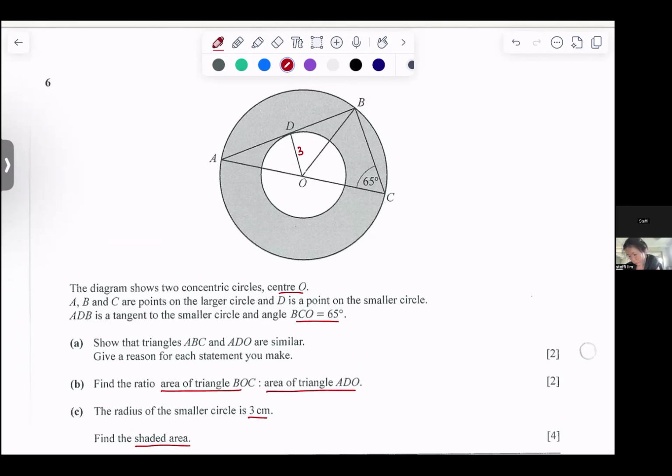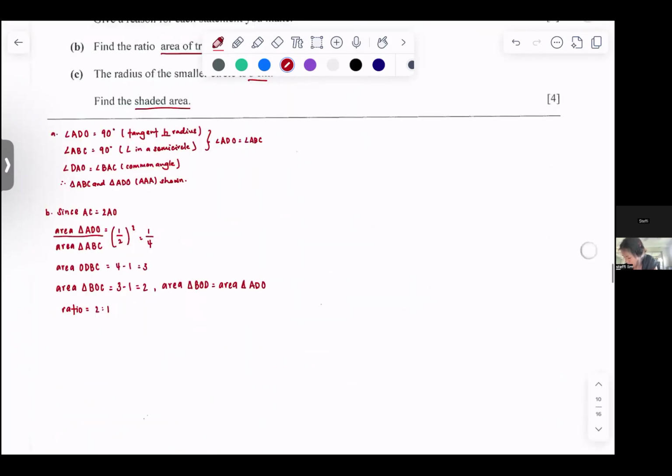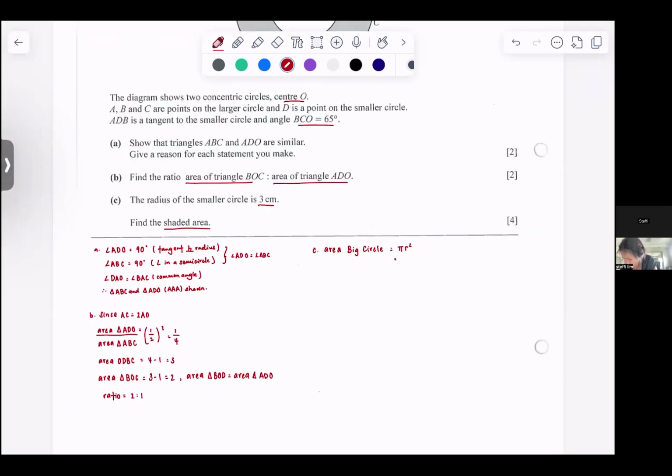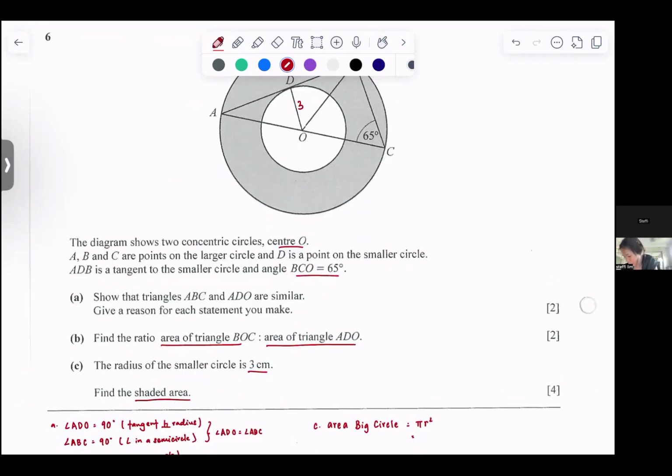First you need to find the area of the big circle, which is pi r squared. And what's our r? That's something we don't know, so that is what we have to find.